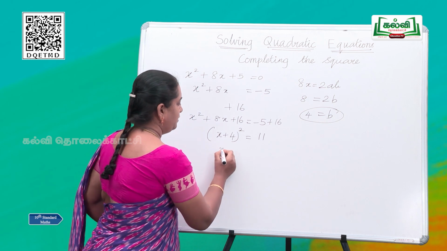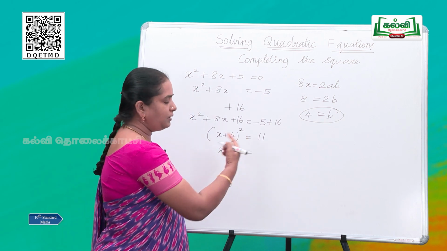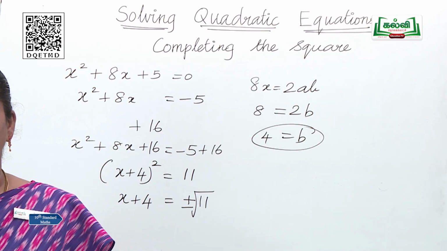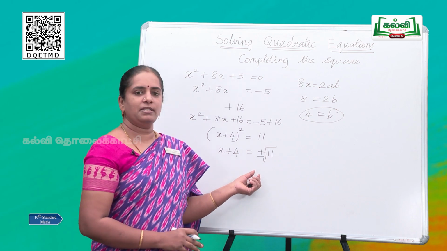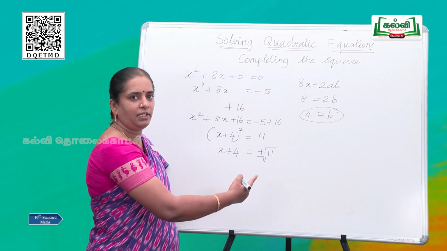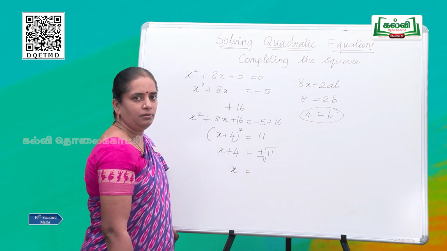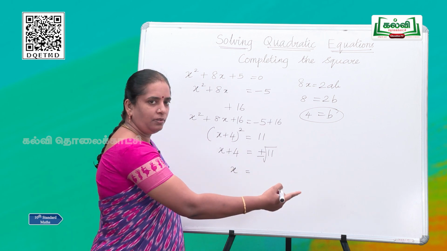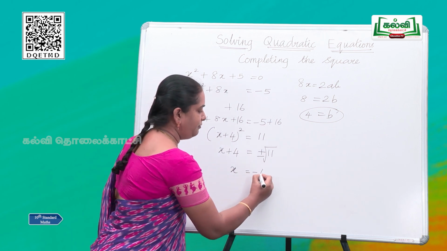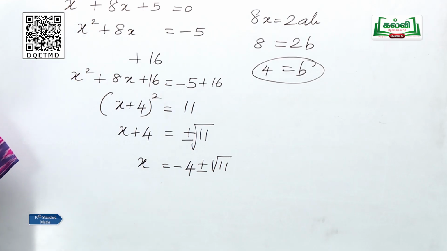We have x plus 4 is equal to square root of 11, which is plus root 11 or minus root 11. So, x plus 4 is equated to plus or minus root 11, or x is equal to, yes, 4 is taken as minus 4 on that side. So, minus 4 plus or minus root 11 is our solution.